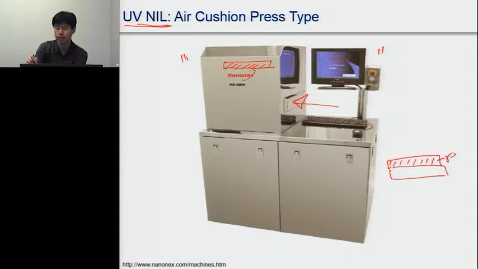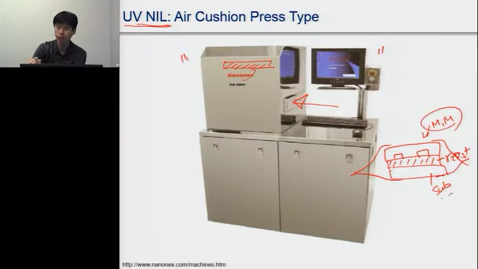photosensitive resist on the substrate, we put the master mold, and then we wrap this master mold and substrate with a plastic bag. But this master mold should be transparent, so when we apply the UV light, the UV light can pass through the master mold and eventually cure this resist.